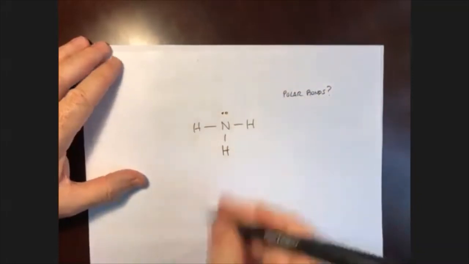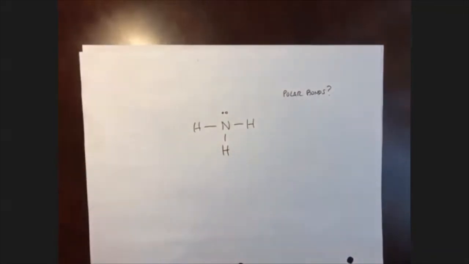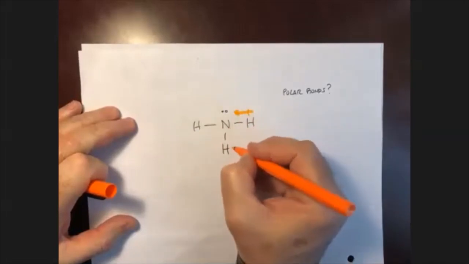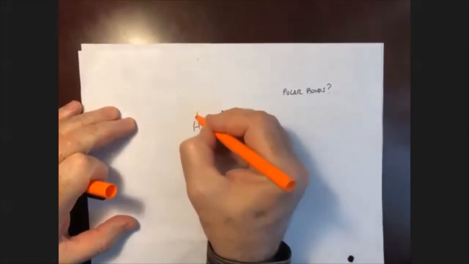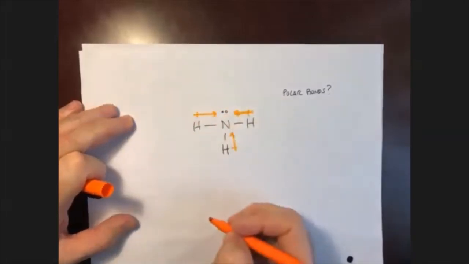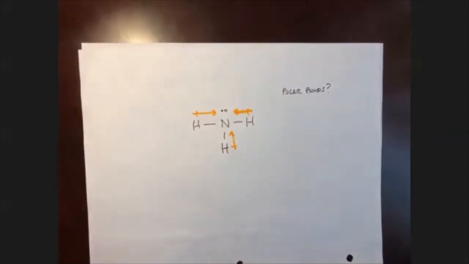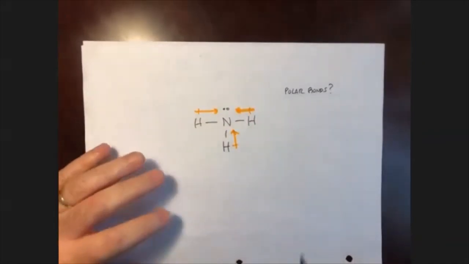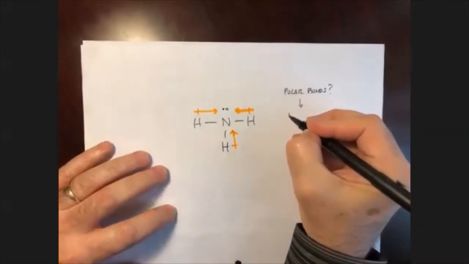Well, actually, each one of these nitrogen-hydrogen bonds is polar because the nitrogen is more electronegative than the hydrogen. So there are dipoles pointing towards the nitrogen from all 3 hydrogens in here. So are there polar bonds? The answer is yes.